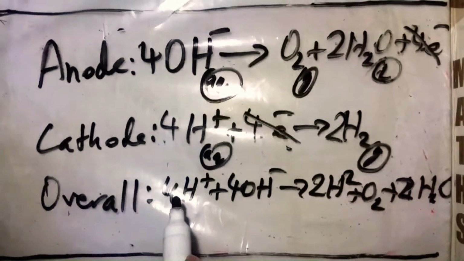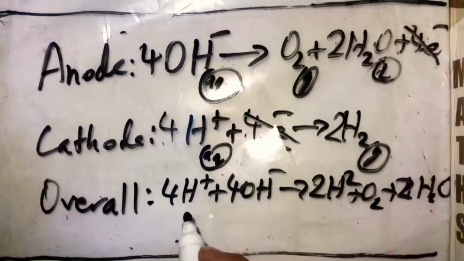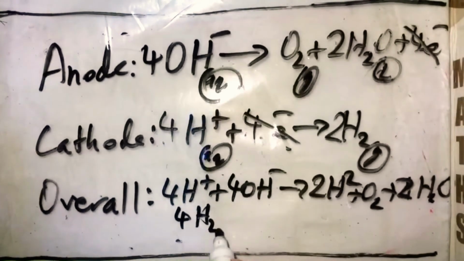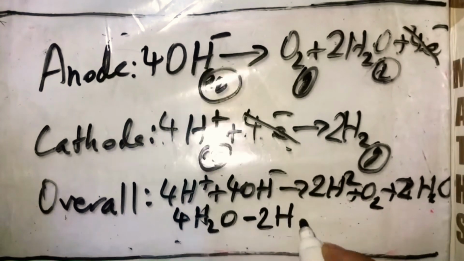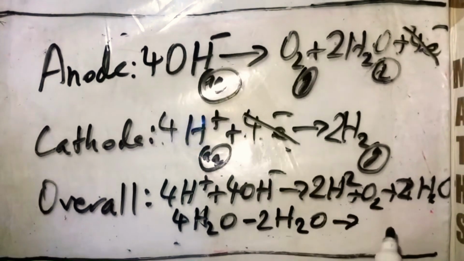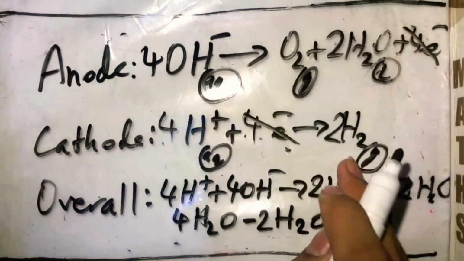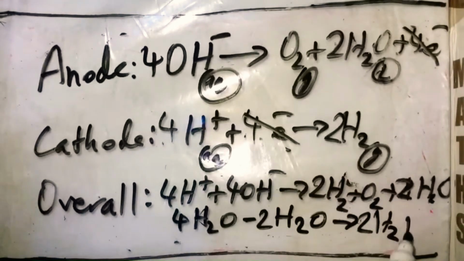Now this 4H plus and 4OH minus can be written as 4H2O, and this 2H2O can be brought on this side, forming minus 2H2O, producing 2H2 plus O2.